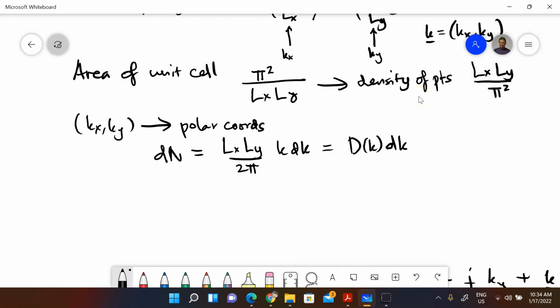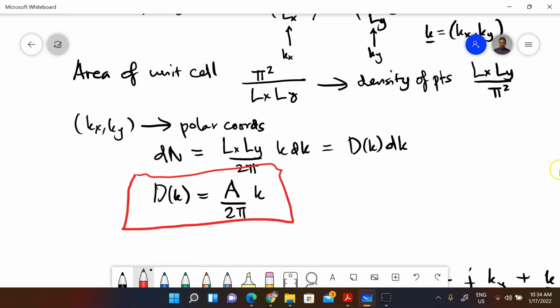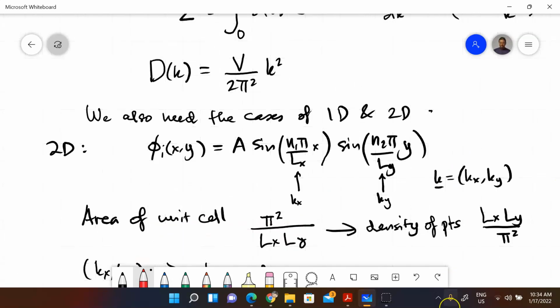So dk equals Lx Ly, which can be written as your area here, A over 2 pi times k. So you can see that it's different here. Let me just draw a square there and then compare with this.